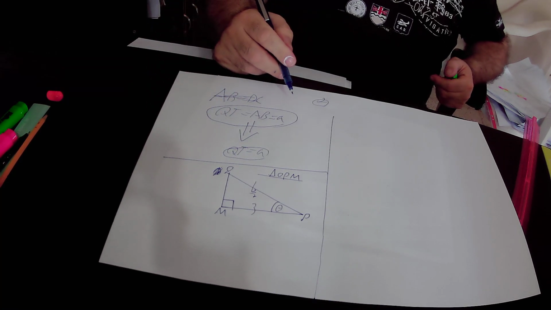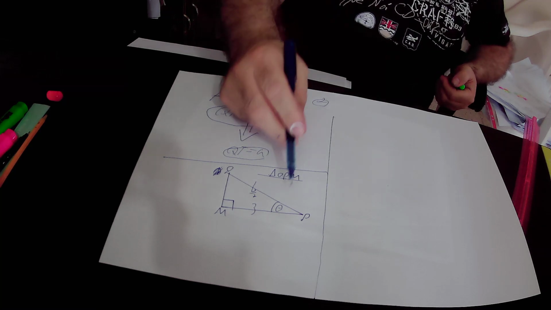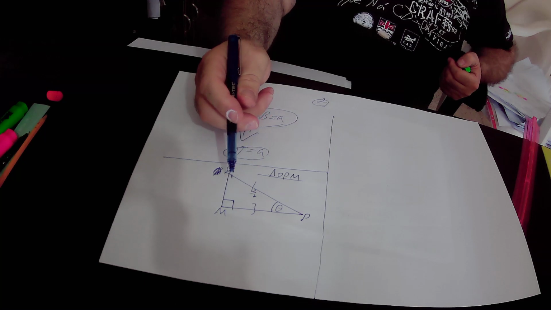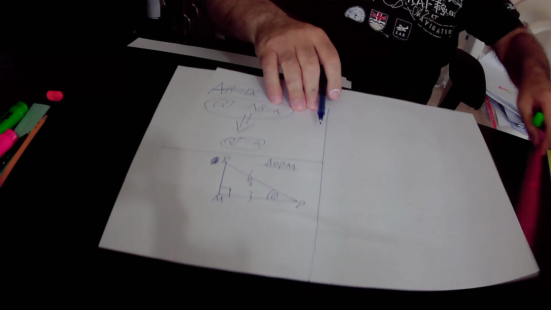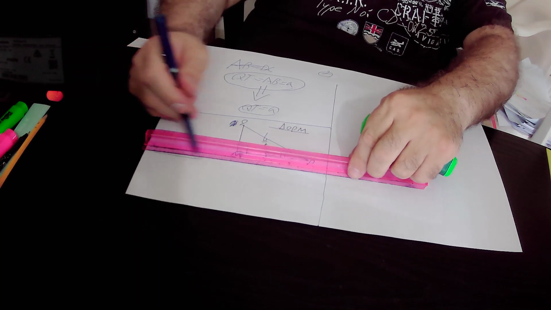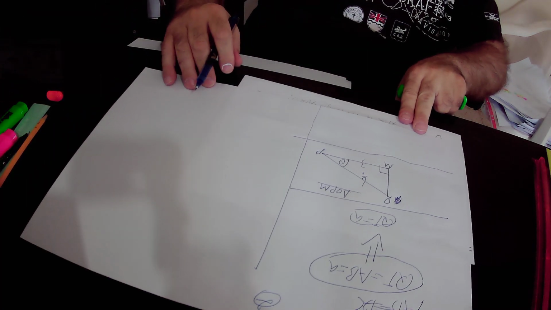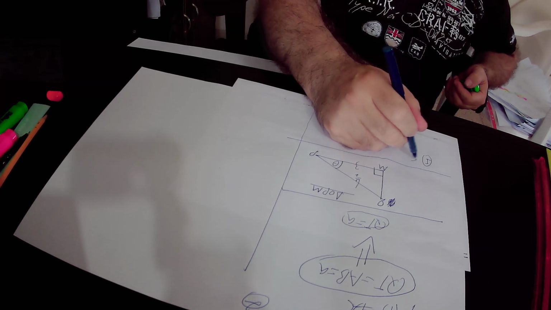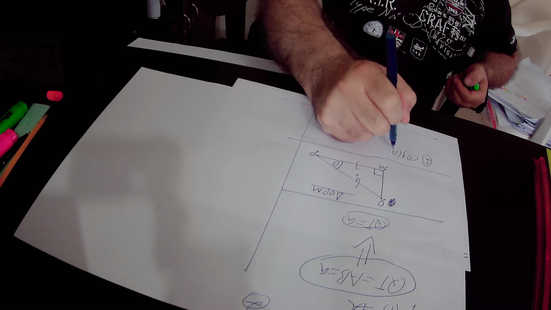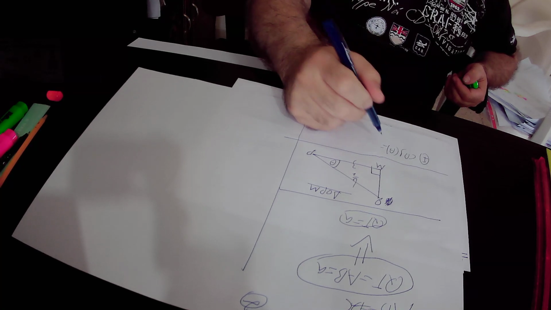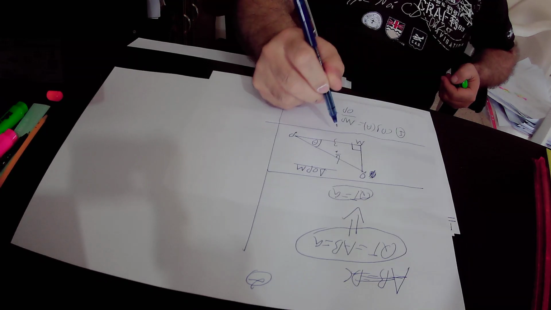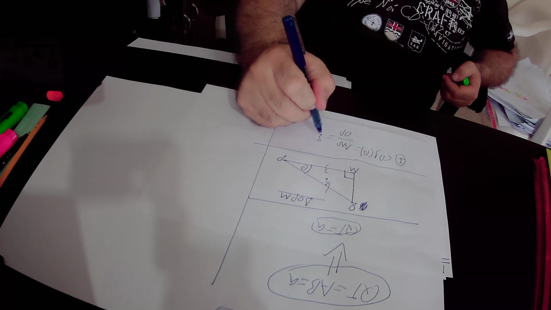Here, cosine theta in triangle OPM equals MP over OP. MP equals 3 units, so we substitute MP by 3.